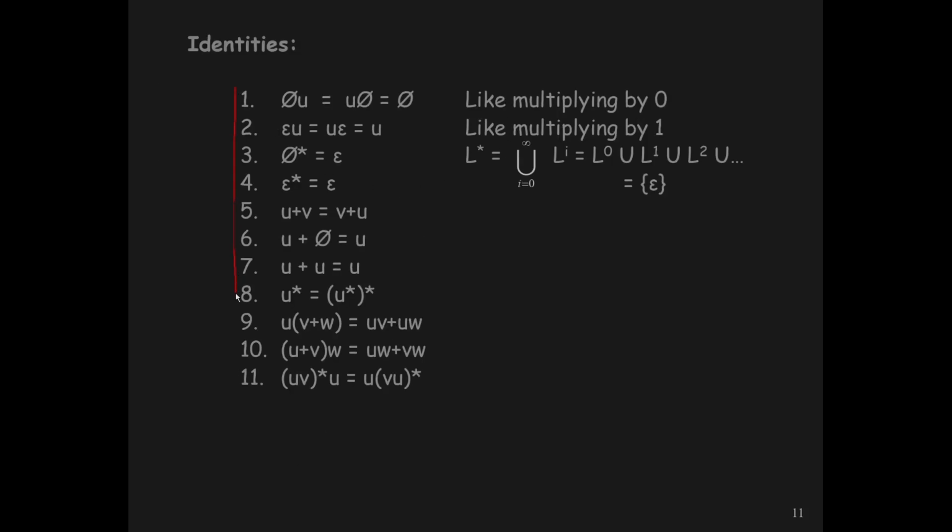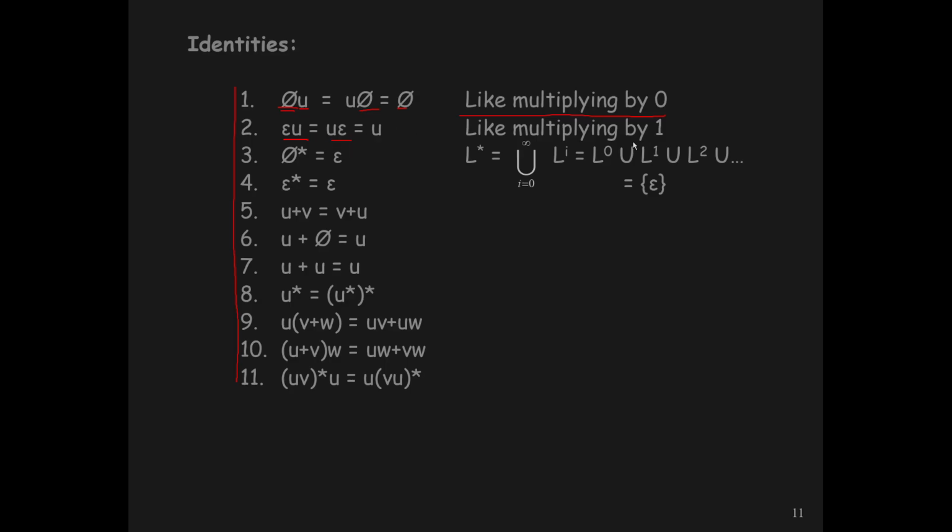Here are some identities, stuff relating to the algebra of regular expressions. So the empty language concatenated with a regular expression from the left or the right gives you the empty language. Yeah, so that's multiplying by 0. Similarly with the language containing the empty string.